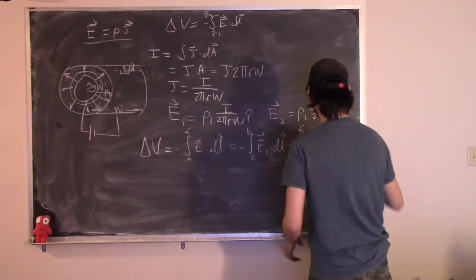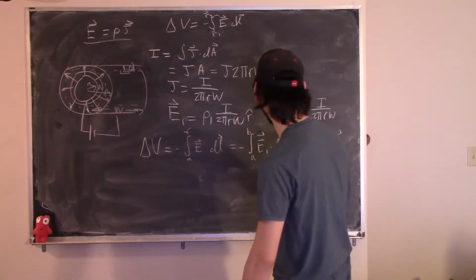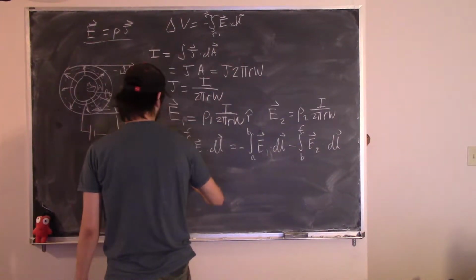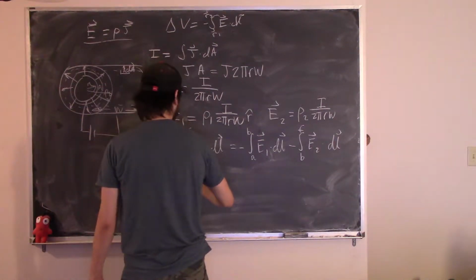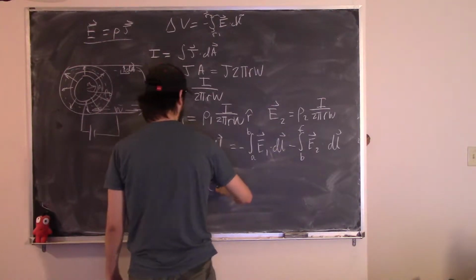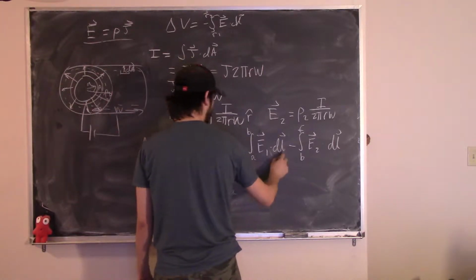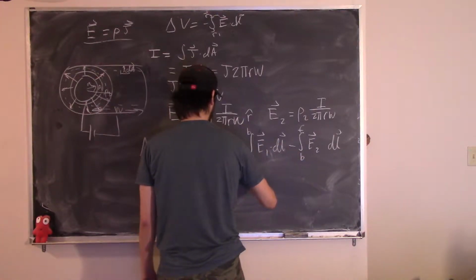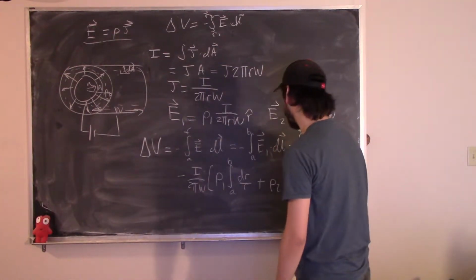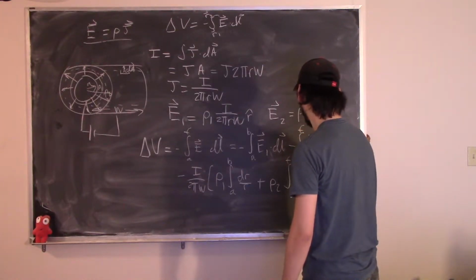Okay. So from here, there's just some algebra to do. But to make my life a little bit simpler, I'm going to factor out everything that's in common to this. And so I'm going to have a negative I divided by 2 pi W times rho 1 times the integral from A to B of dl, which is dr, so this is going to be dr divided by r, plus rho 2 times the integral from B to F of dr over r.